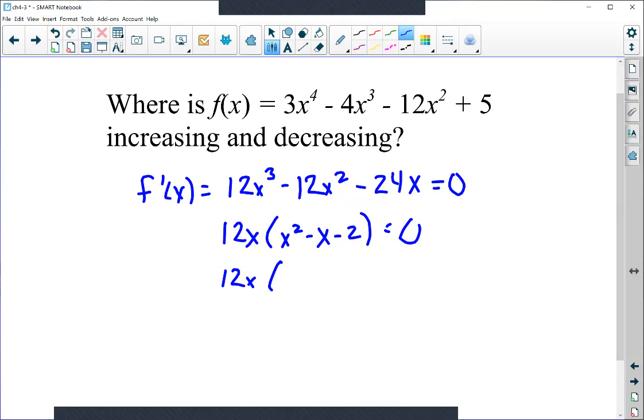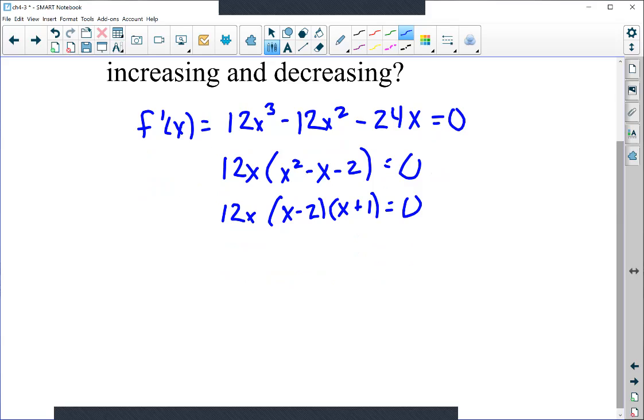X squared minus x minus 2 is that factor. X minus 2, x plus 1. There you go. So that would mean each factor set equal to 0.